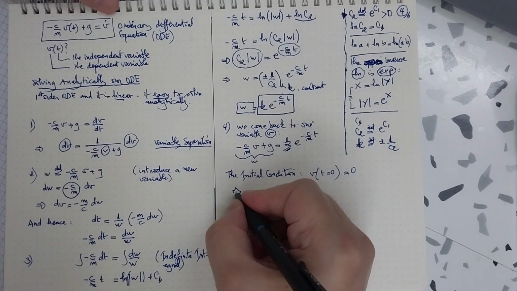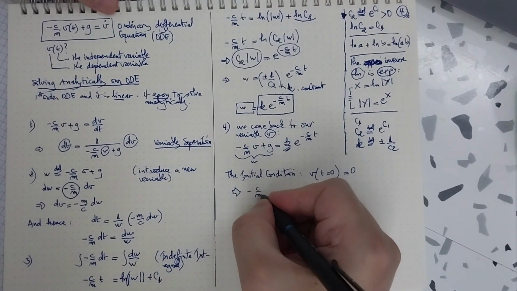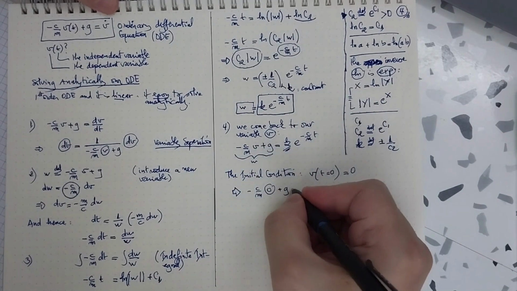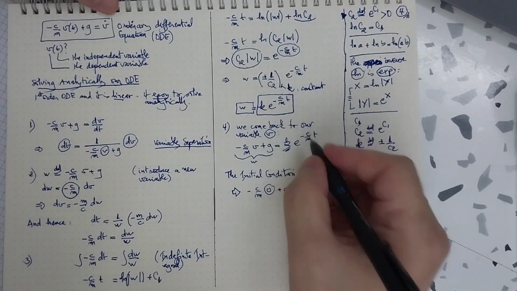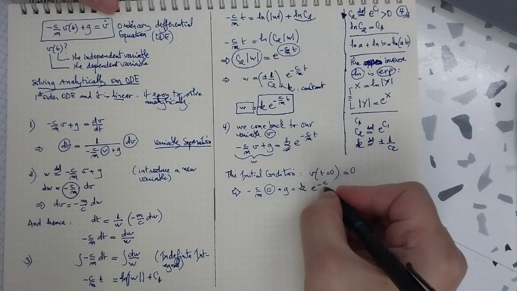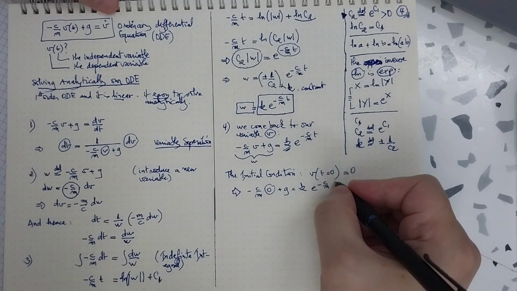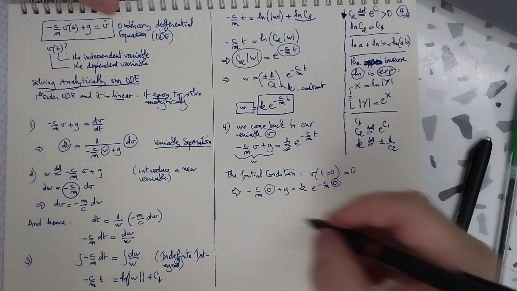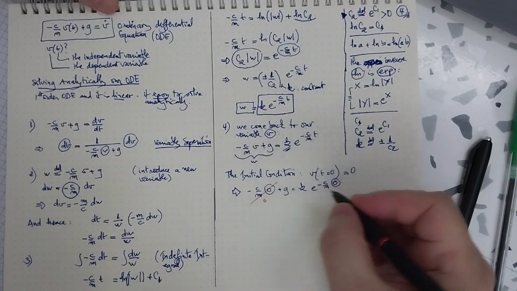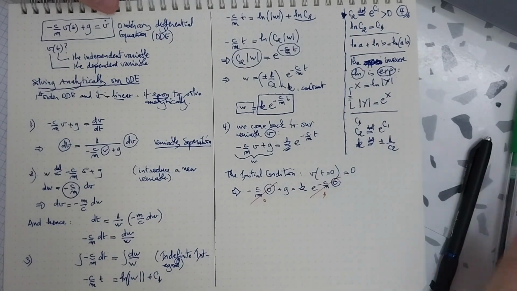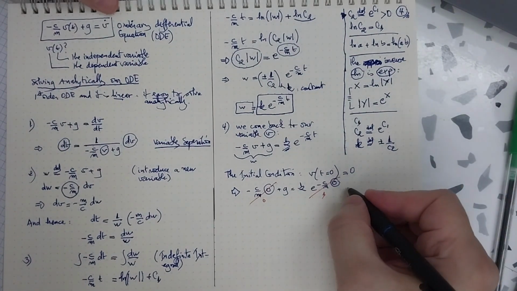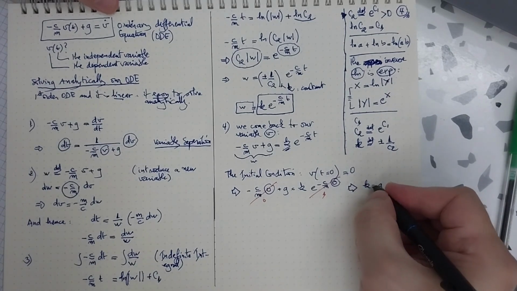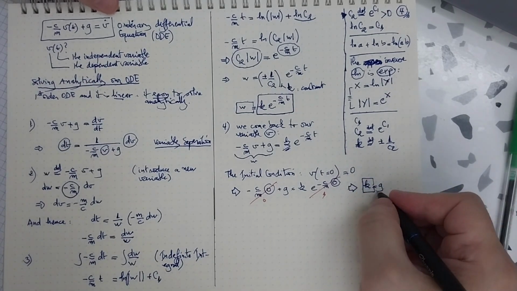So we have minus C over M times 0, we replace V by 0, plus G equals K e to the minus C over M times T, and we replace T by 0. And we get this becomes 0 and this becomes 1. So we get K equal G. So our constant is equal to G.